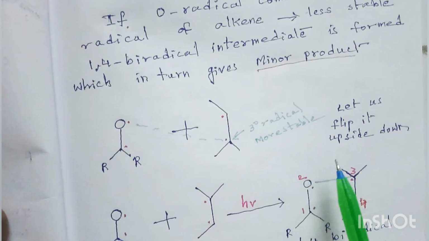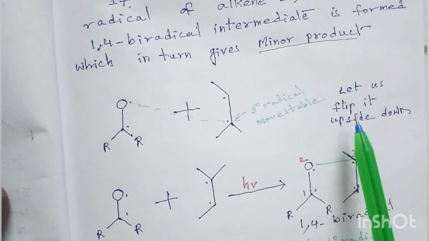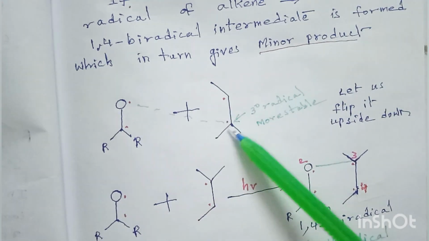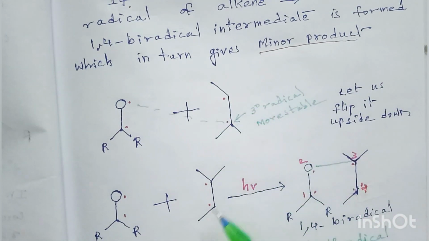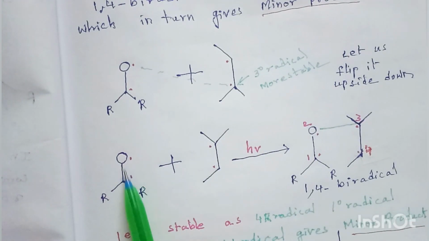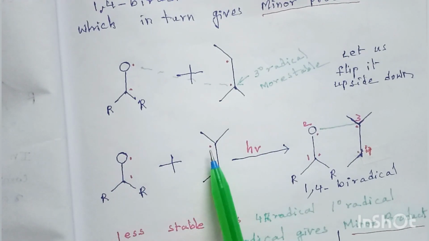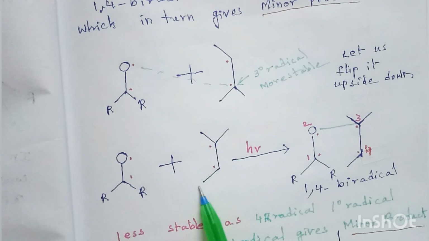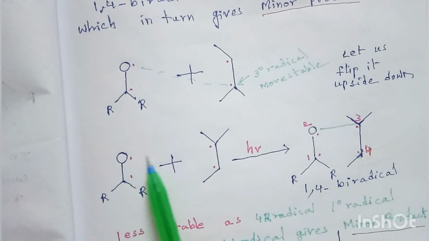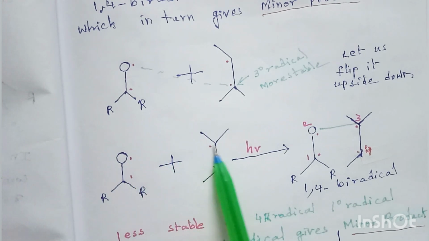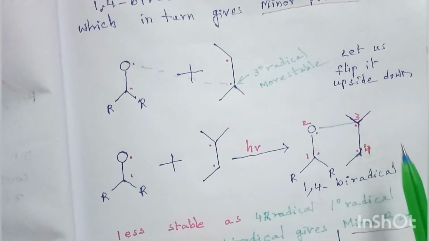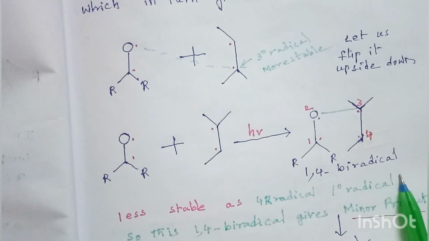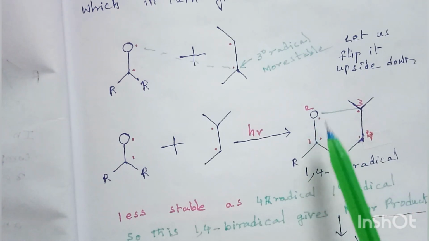In order to make the mechanism easier, let us flip it upside down. So we will flip this upside down. As a result, this is the oxygen radical of the carbonyl compound, and the more stable radical has come up and the less stable has gone down. So this less stable and more stable radical will combine to form a bond, as a result of which we get a less stable 1,4 biradical intermediate.